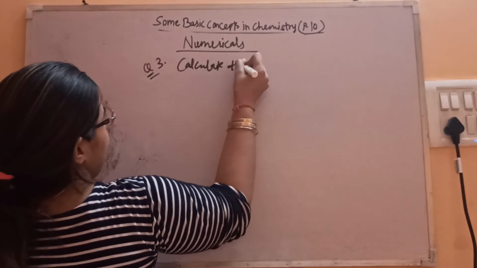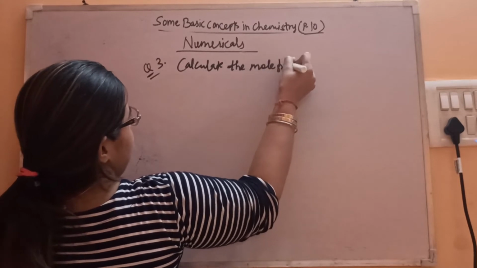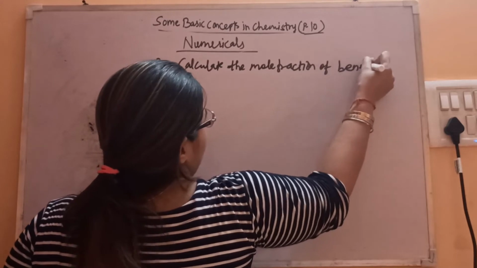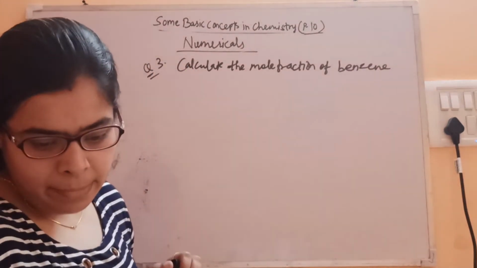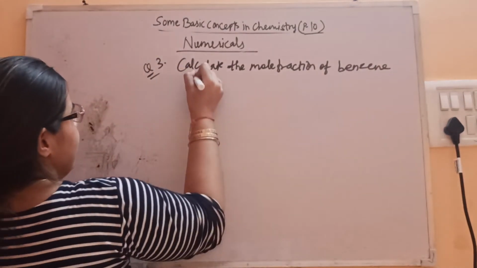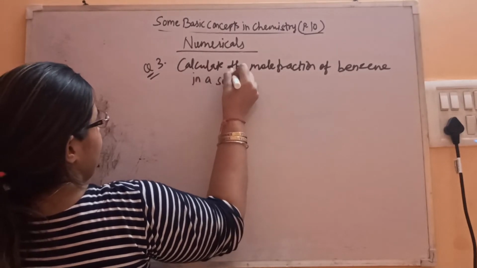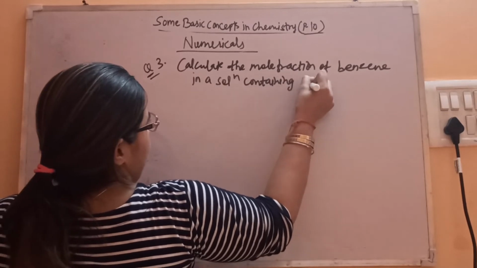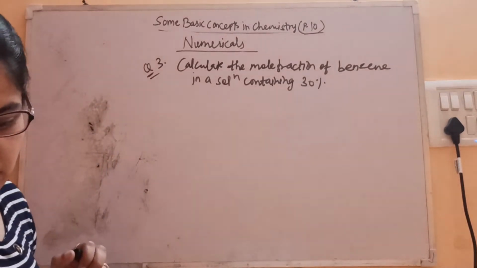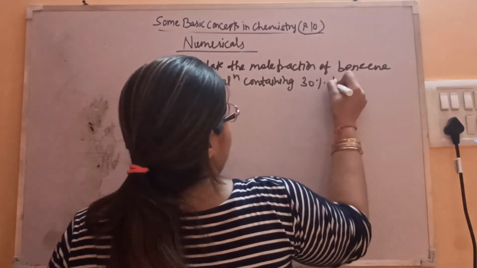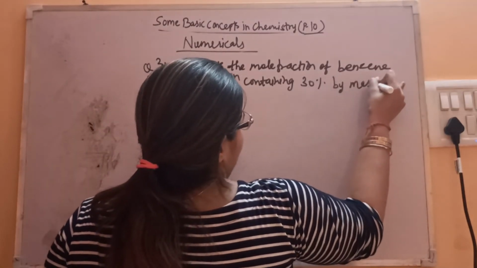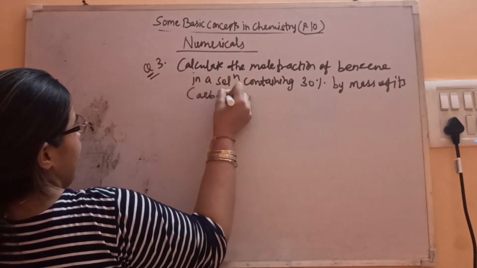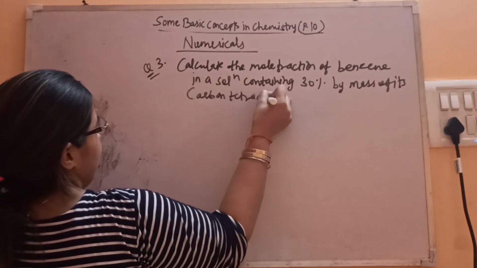Calculate the mole fraction of benzene in a solution containing 30% by mass of carbon tetrachloride.